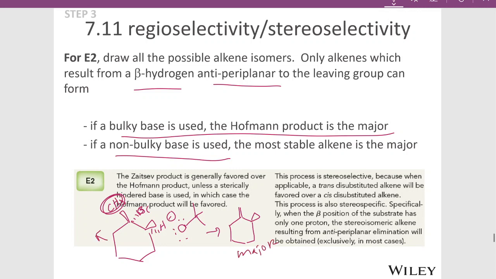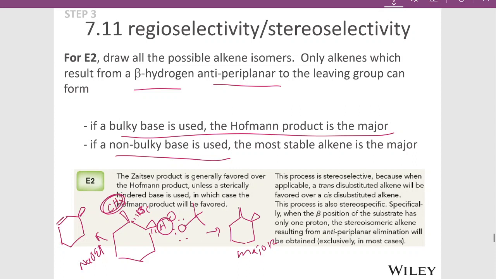But if we use something like sodium ethoxide, then what are we going to form? Well, we can't pull off this hydrogen because it's not anti-periplanar. So that methyl group is going to stay where it's at. The methyl group up here, well, that's going to lose its stereochemistry.